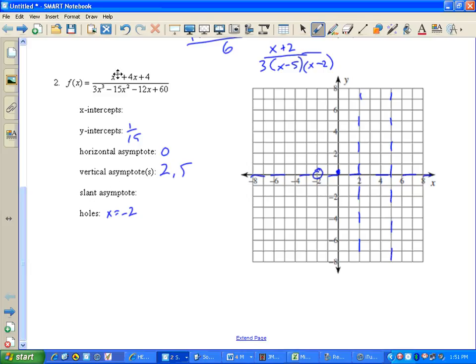Slant asymptote, there isn't one here because my numerator is not exactly one degree larger than my denominator. So there's none.